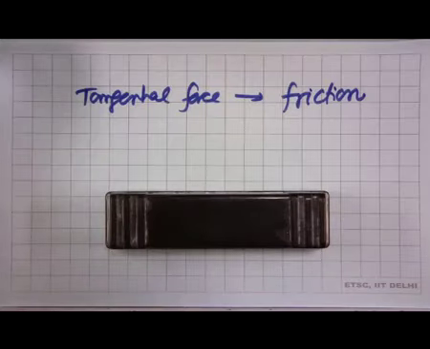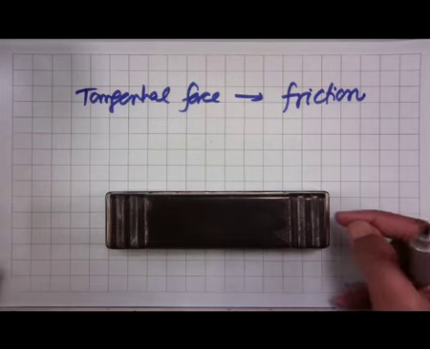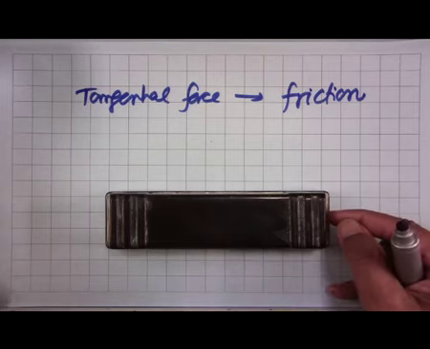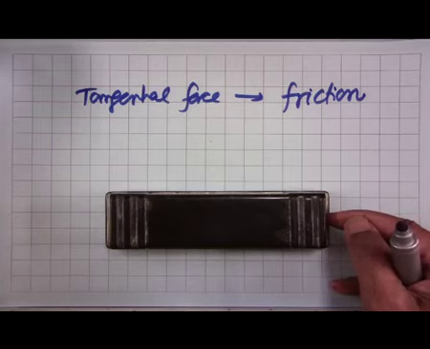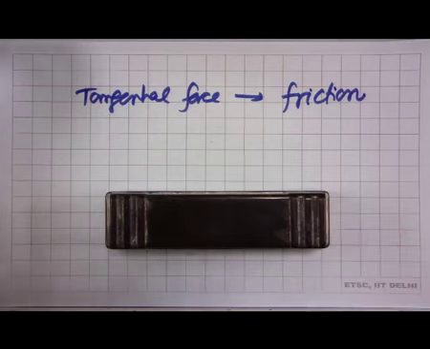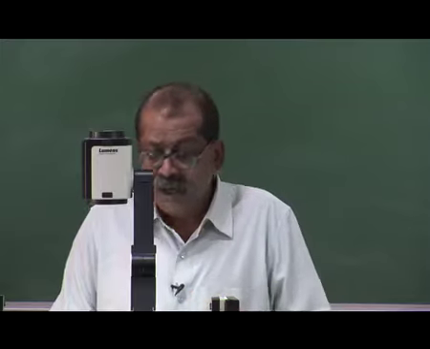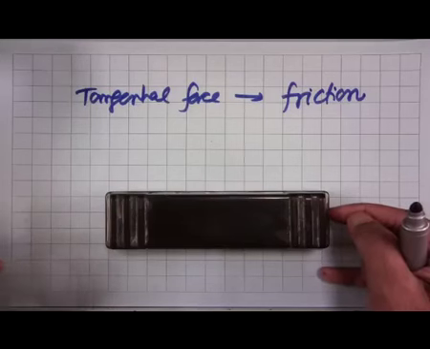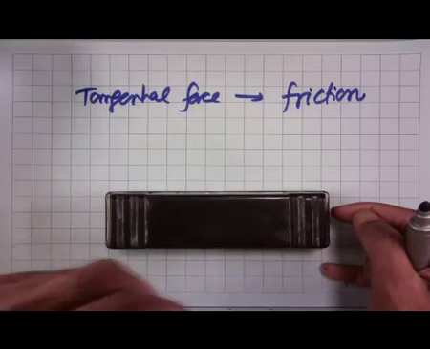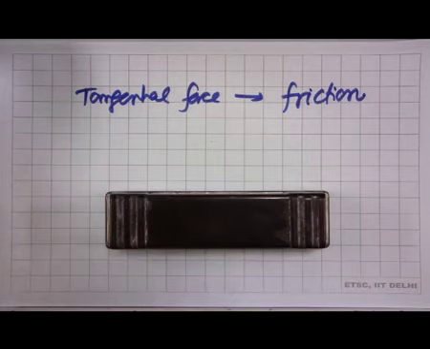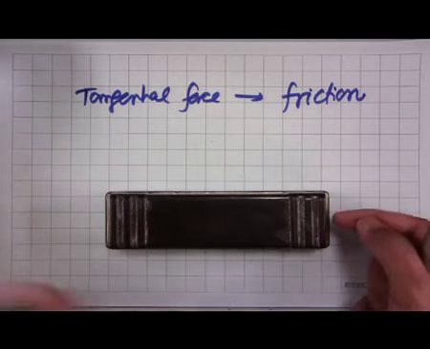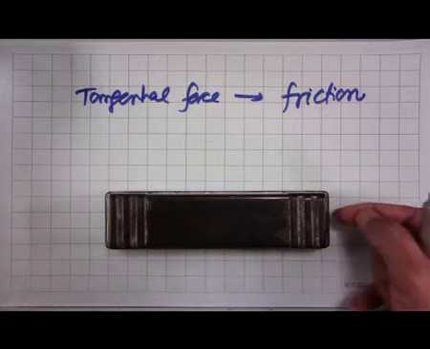Now, I apply a small force. I am applying this right now, I apply a small force, the body does not move. Since the body is not moving, the net horizontal force on this body must be equal to 0. I have applied a small force with my finger, so that force has to be balanced by something. That force is in the direction as I have shown here, from right to left.